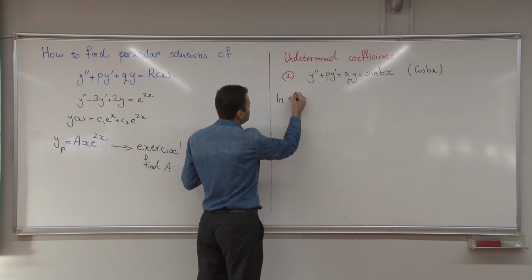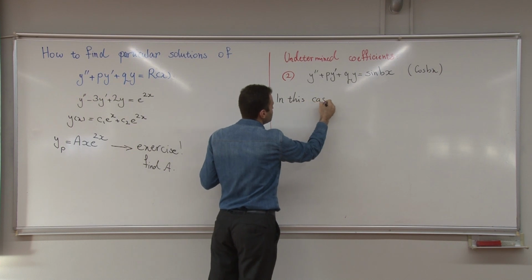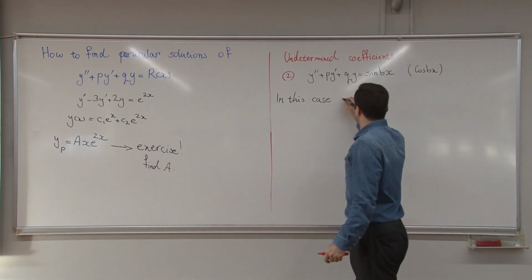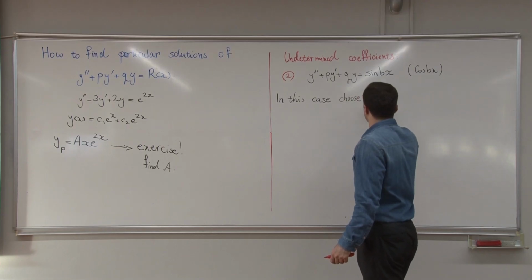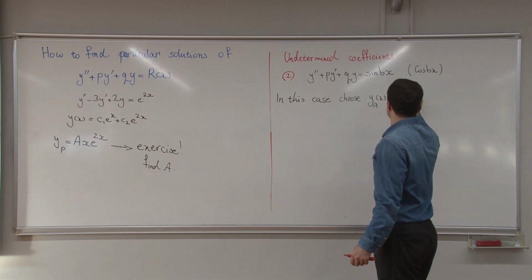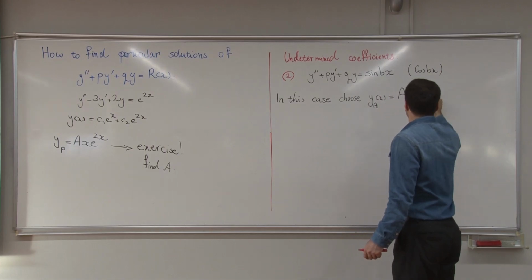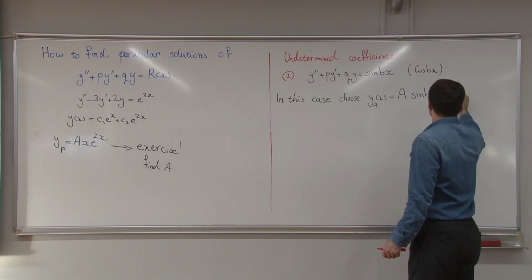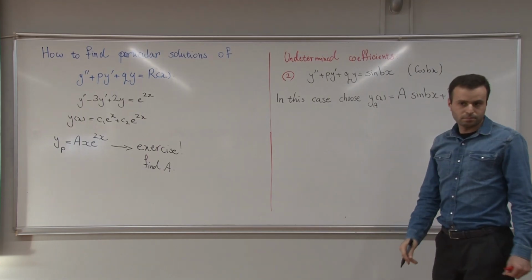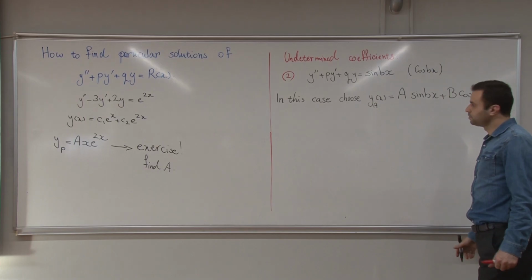In this case, choose yp of x as a times sine of bx plus b times cosine of bx. Okay?